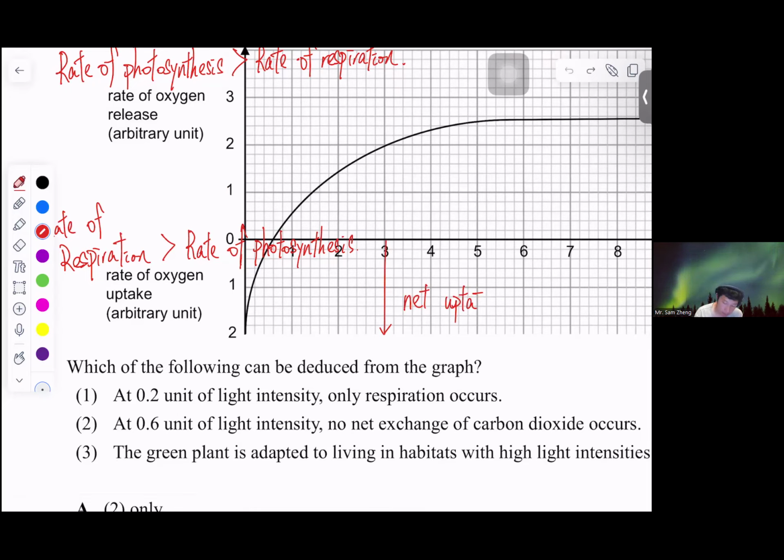If it is above the 0 line, the x-axis, then it shows a net release of oxygen.